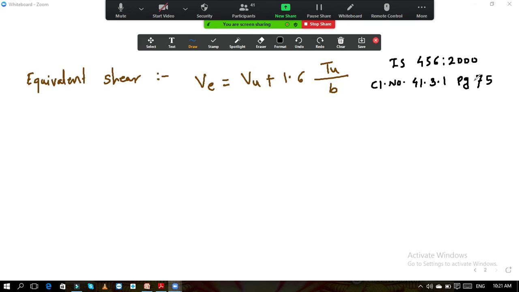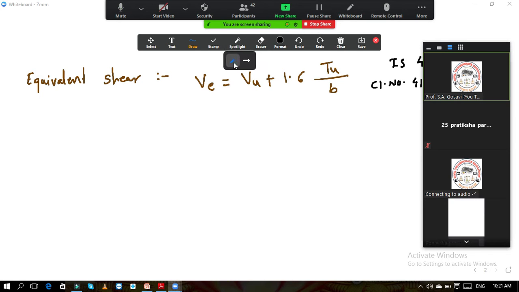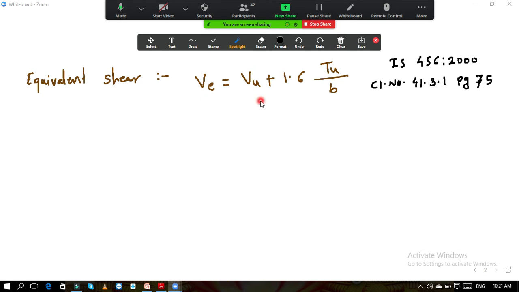They have also elaborated this formula: Ve is the equivalent shear, Vu is the shear force, 1.6 is a constant, Tu is the twisting moment or torsional moment, and b is the width of the section.